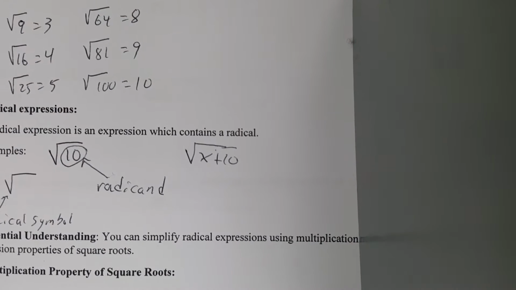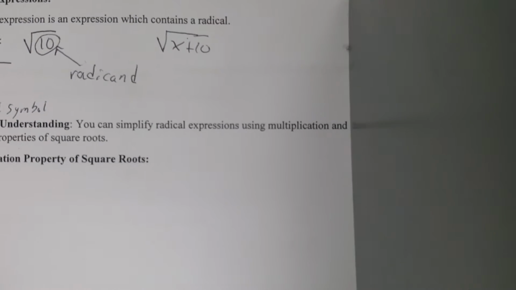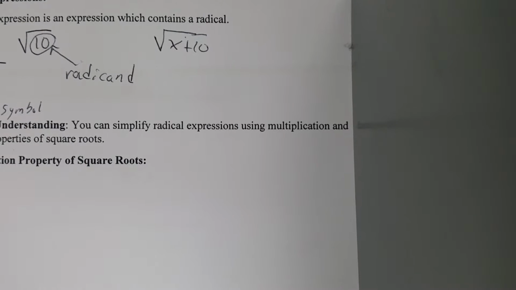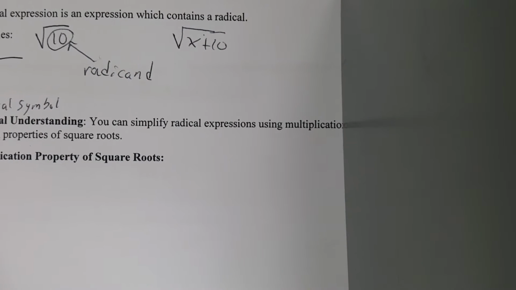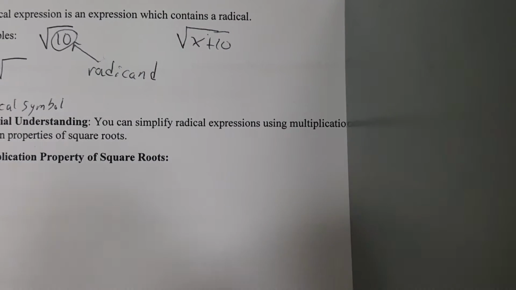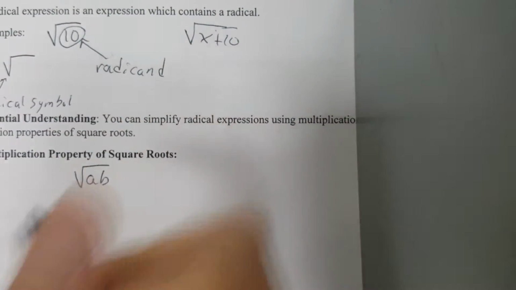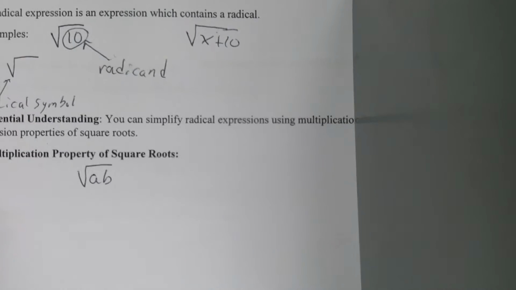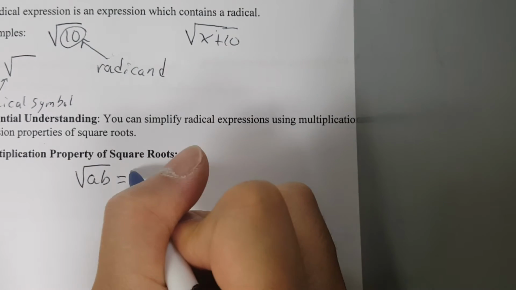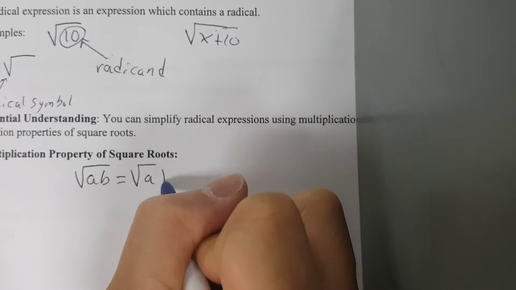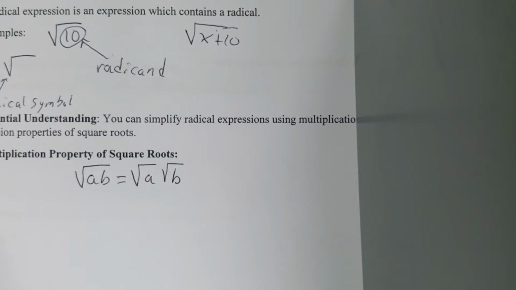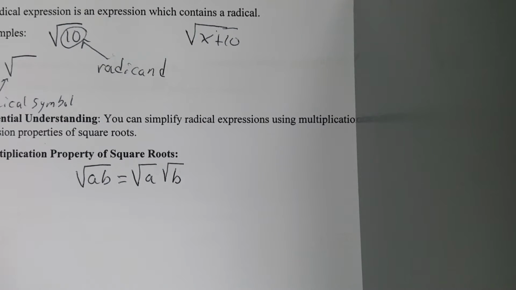Now, we can simplify radical expressions using multiplication and properties of square roots. So, if I have a square root, and it's really just two numbers being multiplied together, I can break this apart into the radical of a times the radical of b, where a and b are just numbers.